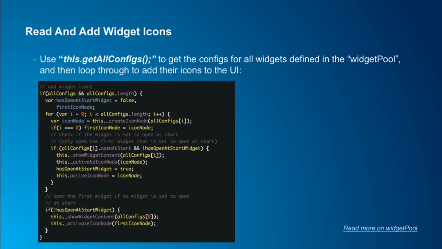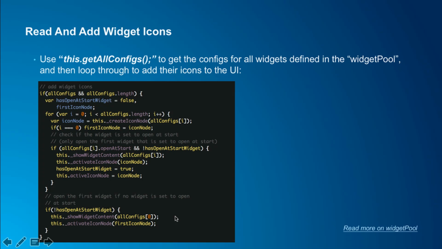And the next step is to read the configurations of all the widgets defined within the WidgetPool object, and then we loop through them, get their icon URLs and their labels, and put them onto the UI. So after this step, we are going to see all the widget icons displayed in the vertical sidebar.